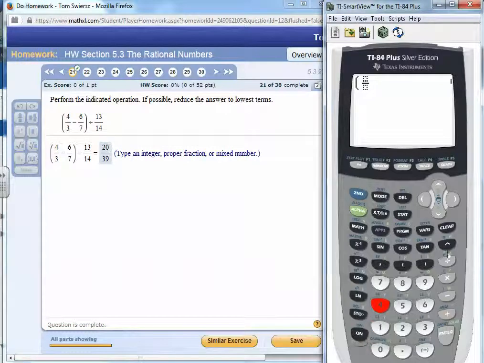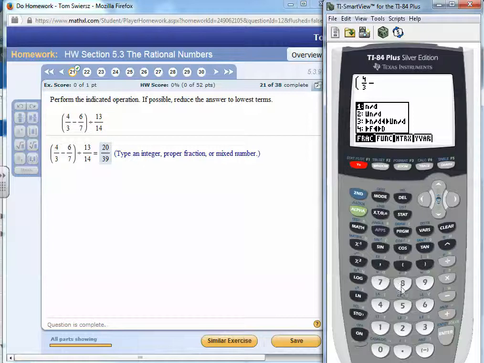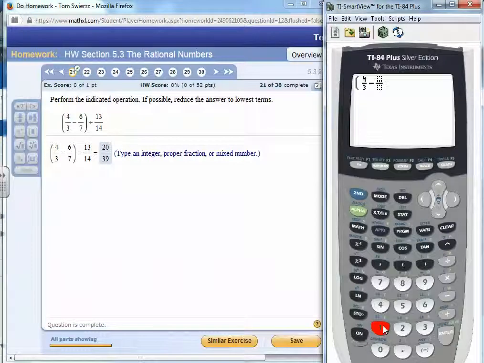You can just put 4/3, okay, and then we have subtract, alpha F1, number 1, enter the fraction 6/7, and then get out of the denominator, right paren, and then divided by, again, the fraction.